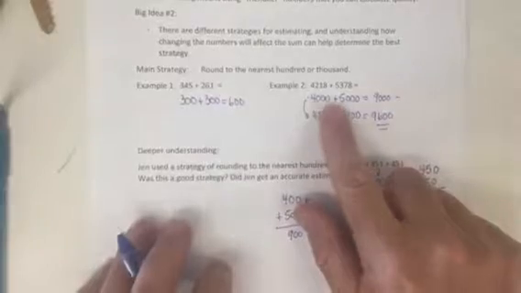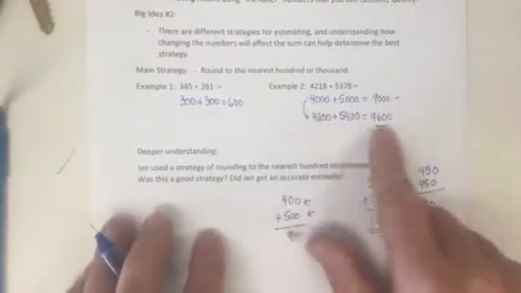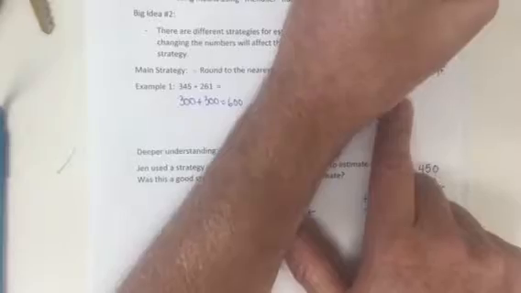So one strategy to do differently would be to round to the nearest 100 and get a more accurate estimate. Another possibility is to round 4,200 down to 4,000 and round 5,378 up to 5,500. And that'll get you to 9,500.